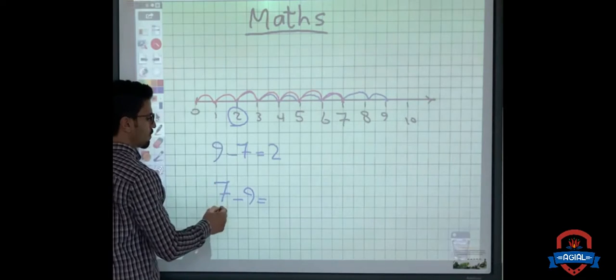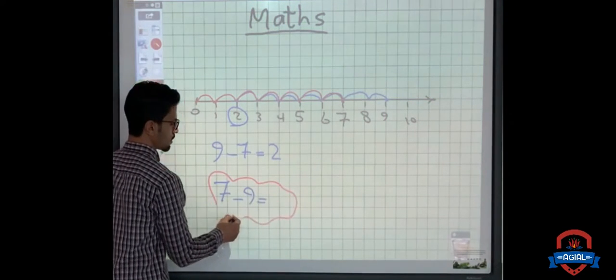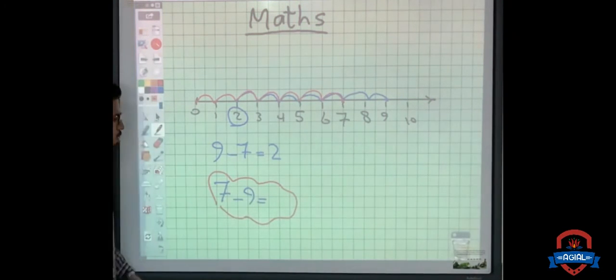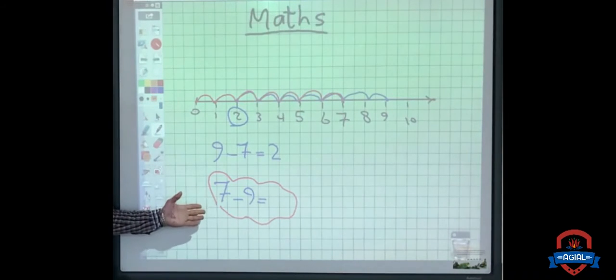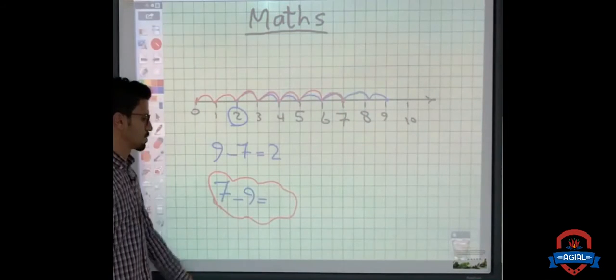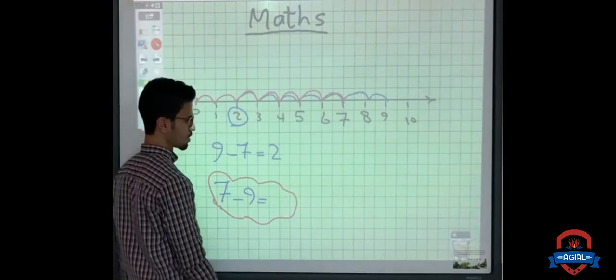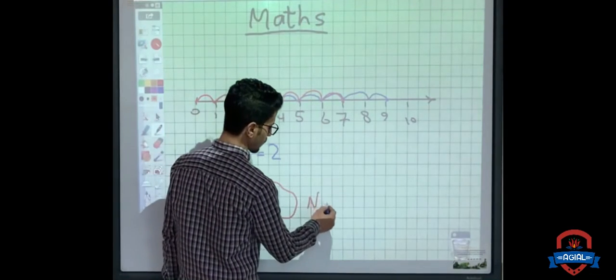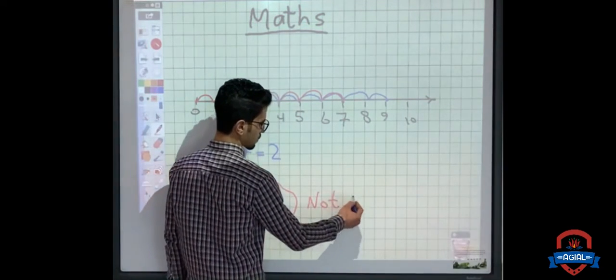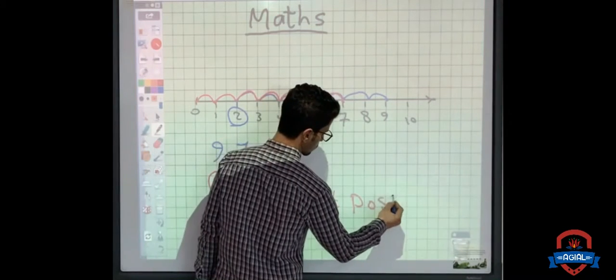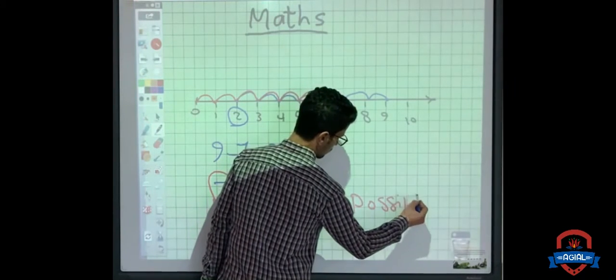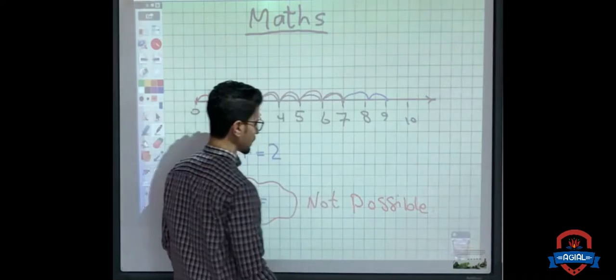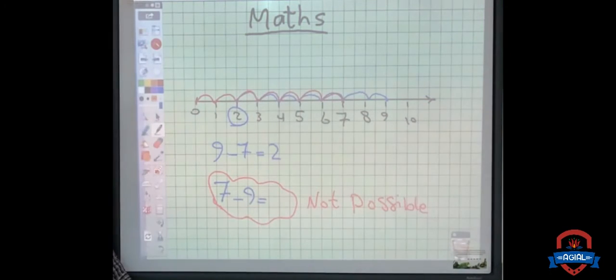We can't find the difference between 7 minus 9, or we can't solve this example in natural numbers. So sometimes the subtraction is not possible in N.